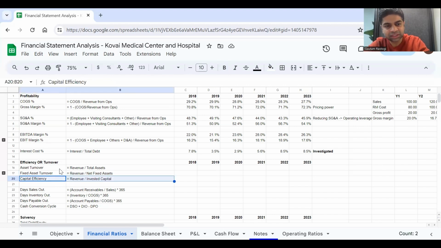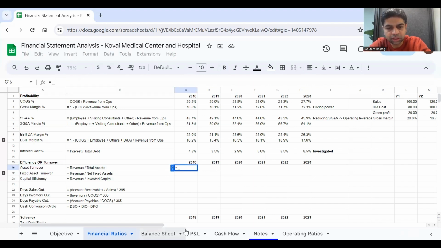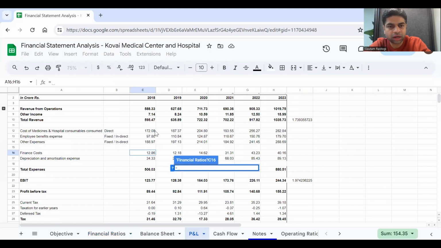So first, let's estimate asset turnover. It is sales. I'll look at total revenue in this case, because the denominator is total assets.